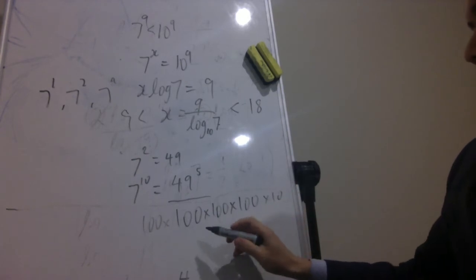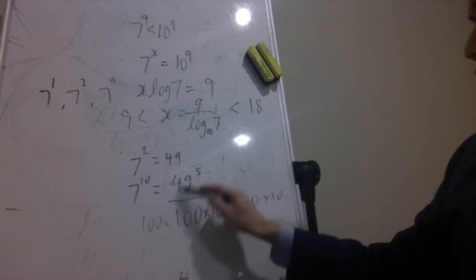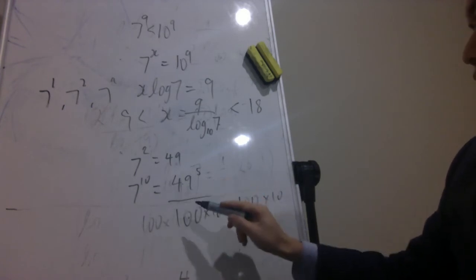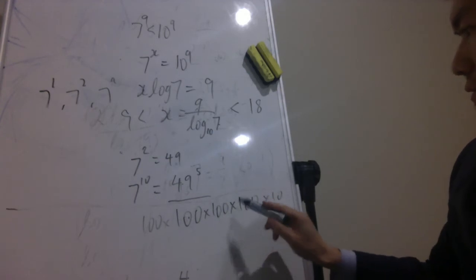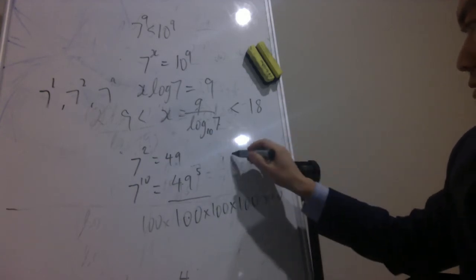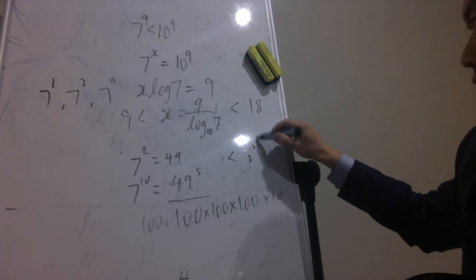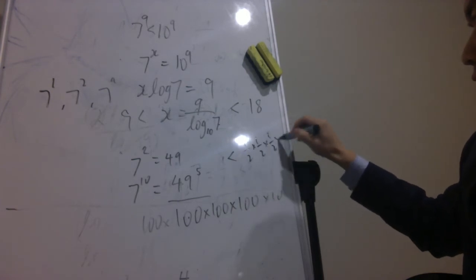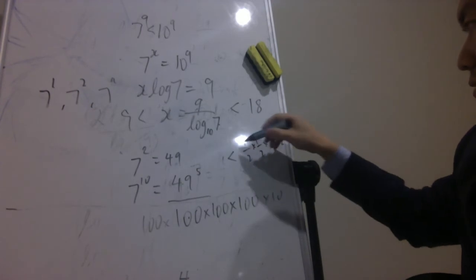And there's 49 of these. So each of these will give you like half, half, half, half, times 50 on 10.